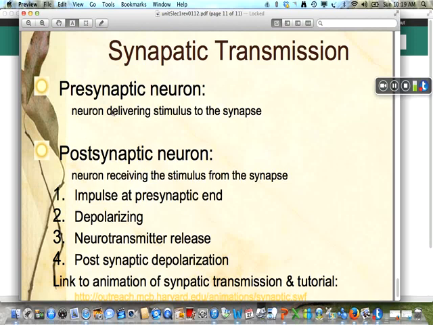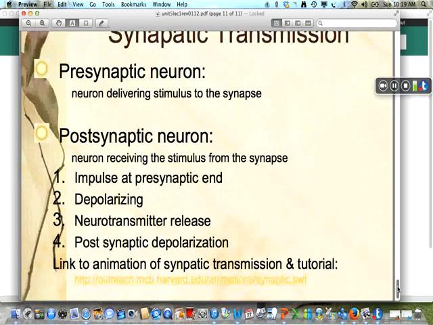So what will happen is the impulse is going to travel down the presynaptic end of the presynaptic neuron. This is very similar to the synaptic transmission that we looked at in the neuromuscular junction. It's going to depolarize, and when it gets to the end of the neuron, neurotransmitter is going to be released. There are various different neurotransmitters that are involved in the nervous system.